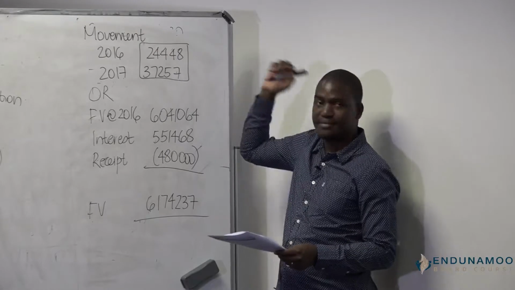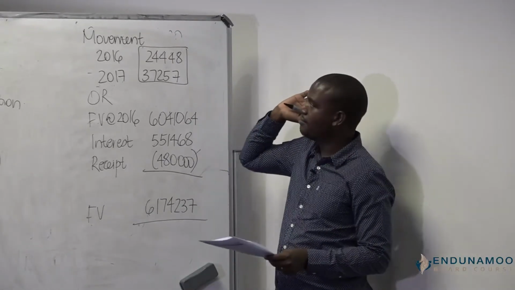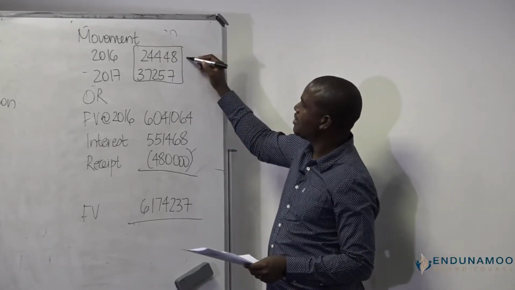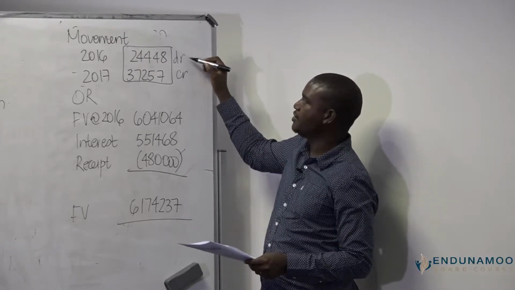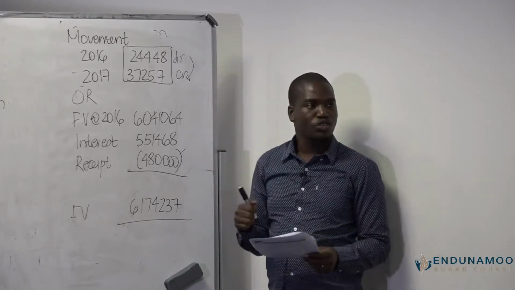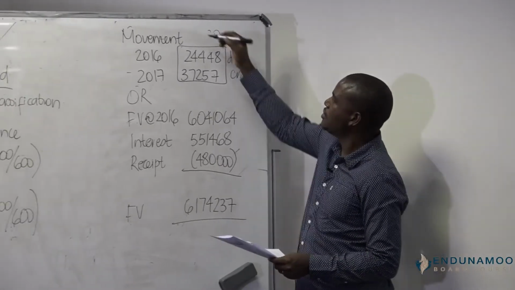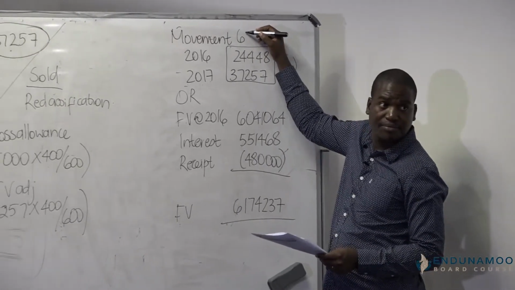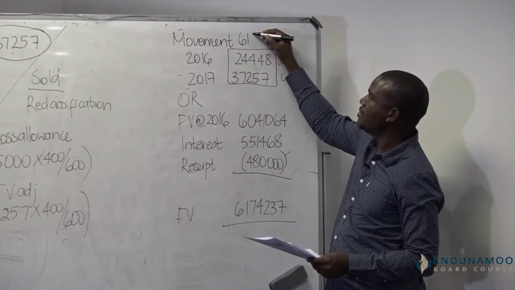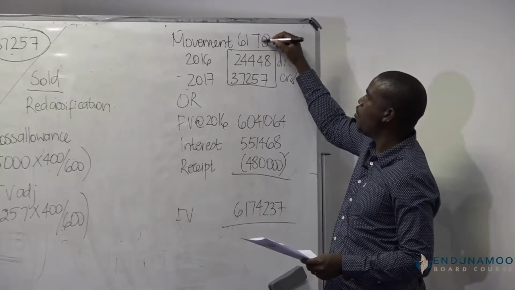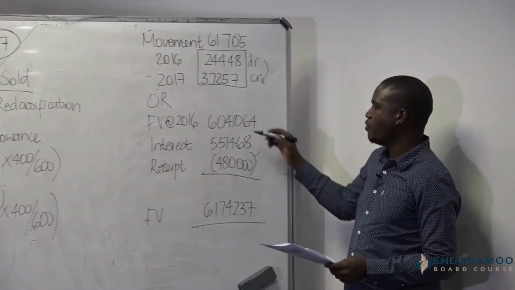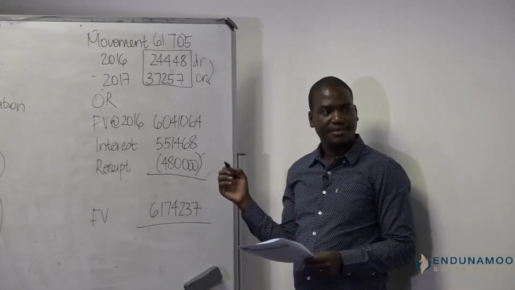What is this plus this? Because remember that this was a debit and now this is a credit. So there was a movement to move it from debit to credit, which will be how much? 6,1,705. Then what is this plus this minus this?